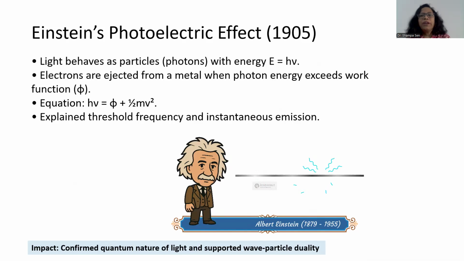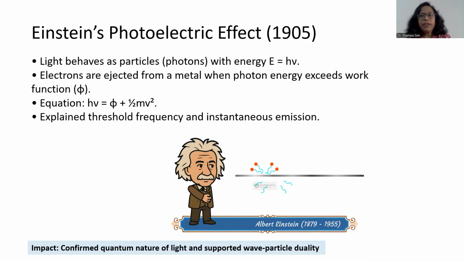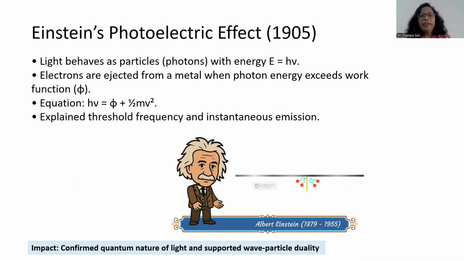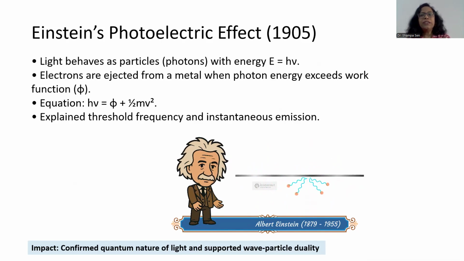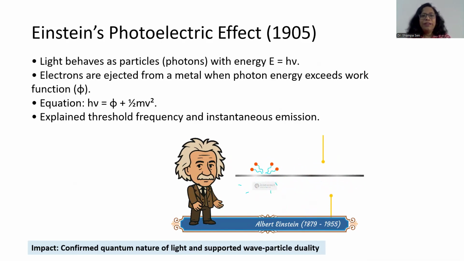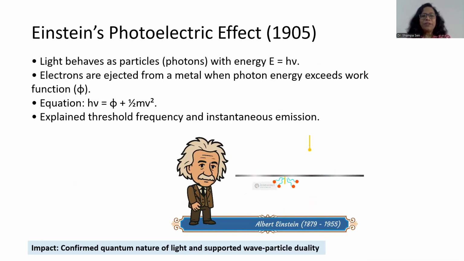That is, when electrons receive enough energy, their kinetic energy increases, and when it increases so much that the electron can leave the atom, it leaves the metal surface.